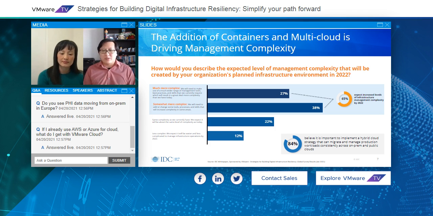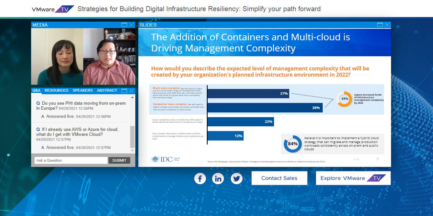So it's on-prem, it's in multiple public clouds, and people are trying to integrate these things into a hybrid cloud, and that's one of the strategies to deal with that. There's a stat here: 84% believe it's important to implement this hybrid cloud strategy to get some kind of strategy of how do I manage this stuff across on-prem and public cloud. But it's across a lot of other things as well.